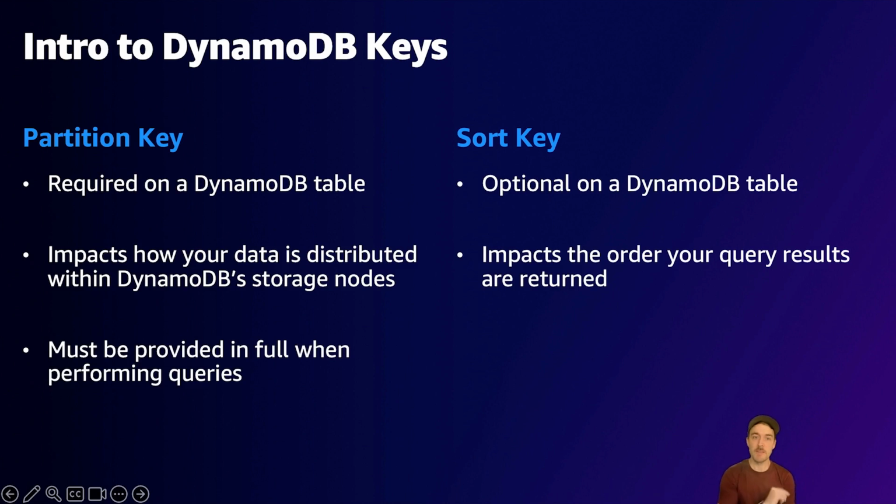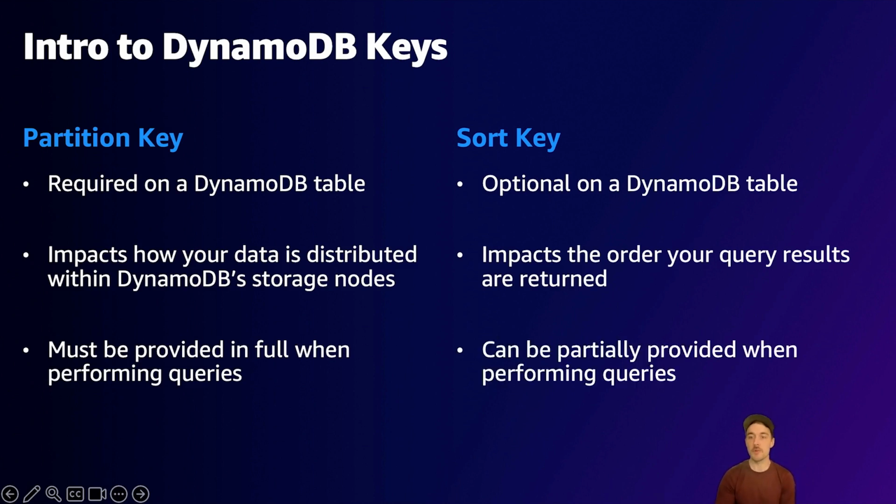A partition key must be provided when performing queries, so the whole thing must be provided. But a sort key can be partially provided, and that's where the magic is, in how you can cleverly use the indexes to get specifically the data you want out.